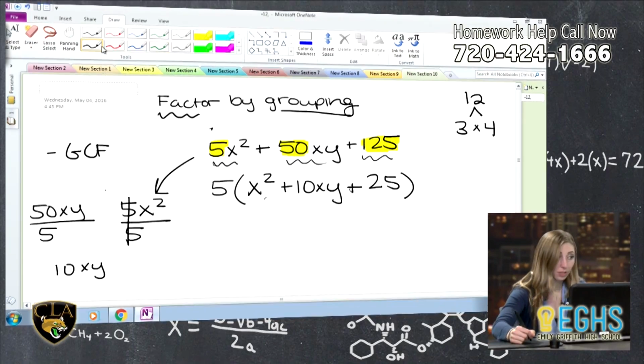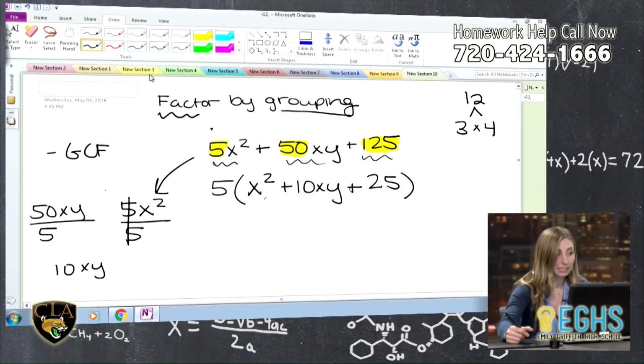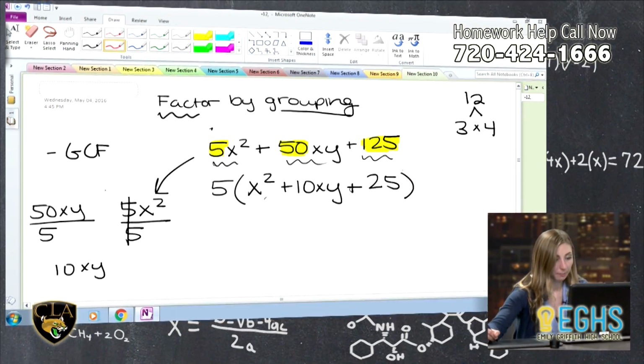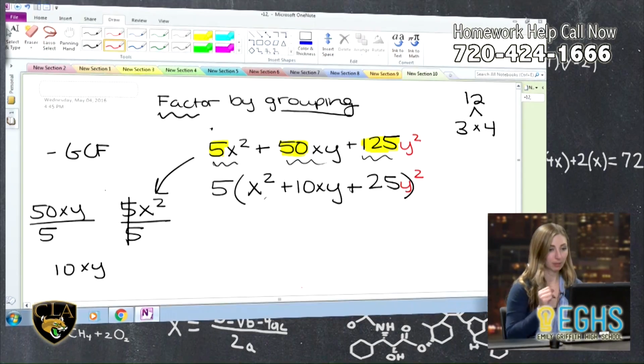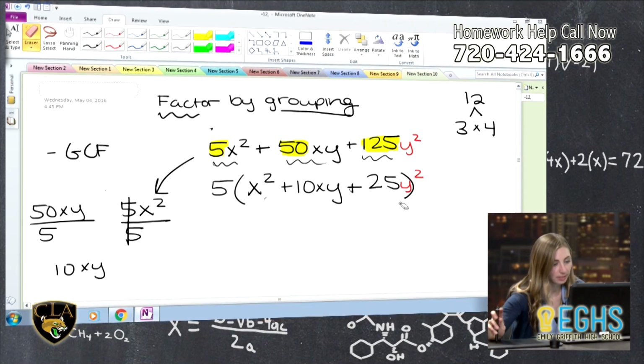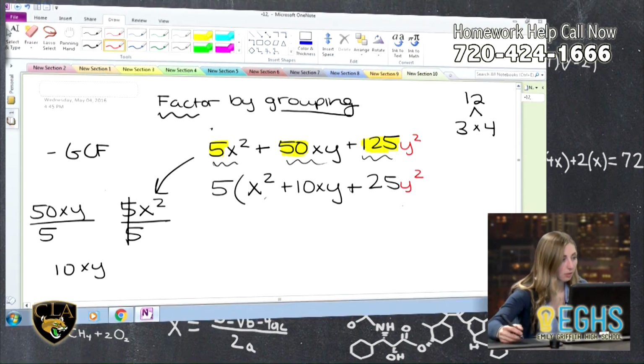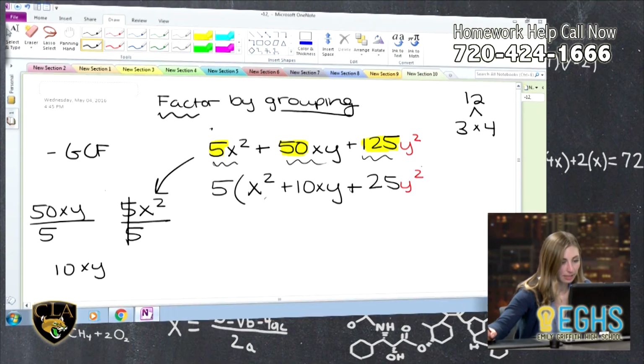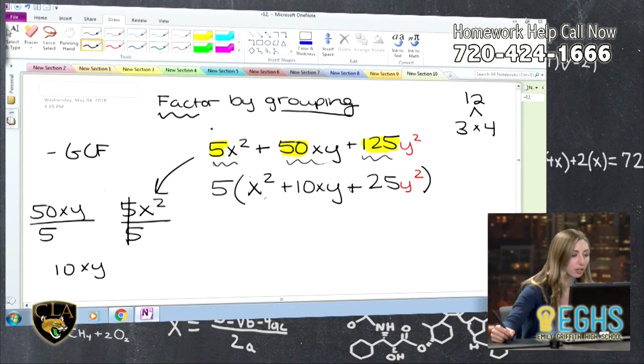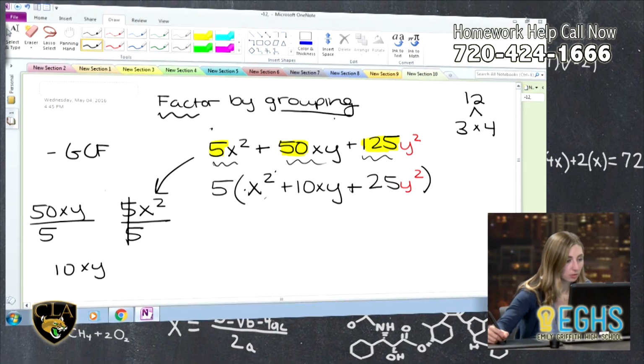So let's see. We're making an assumption here that there may have been a y squared at the end of this. I'm making that assumption, maybe, that it might have been there. And I'm going to move my parenthesis here. So if that's the case, factoring by parts or by grouping, it's kind of like 2 different ways of thinking of it.